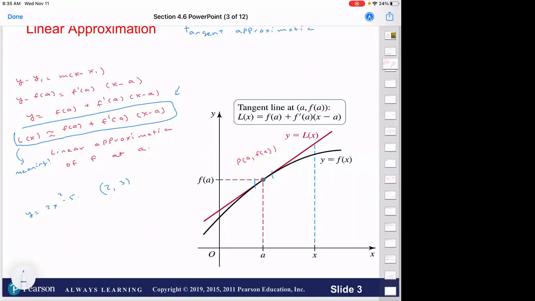What do you do? y minus y1 equals m times x minus x1. What is y1? 3. What is x1? 2. What is m? That's the thing we do in calculus, right? Finding the equation of lines, you did that in college algebra or before.